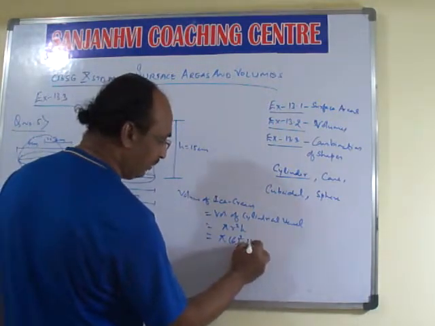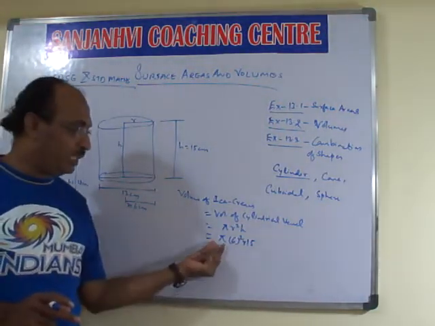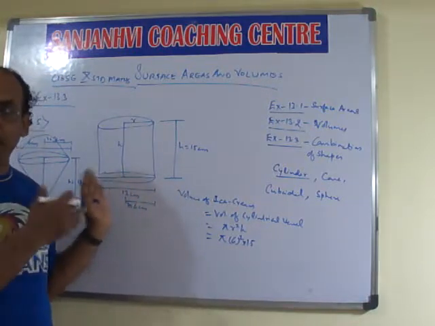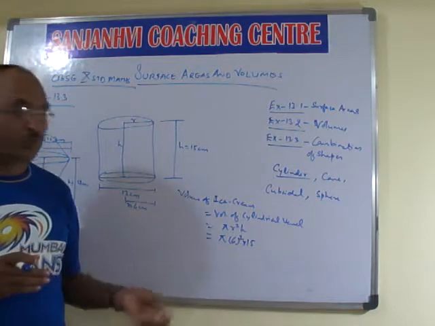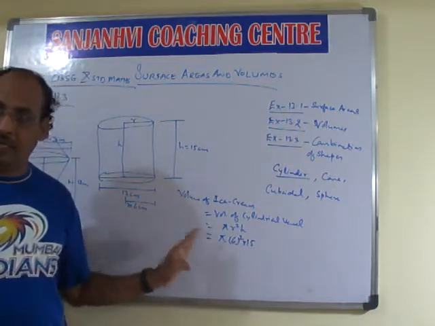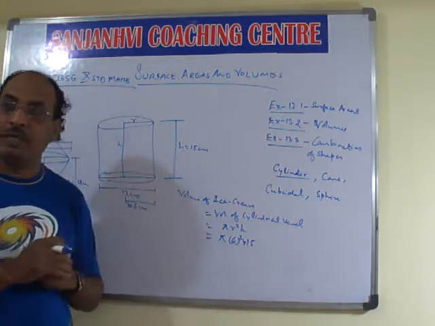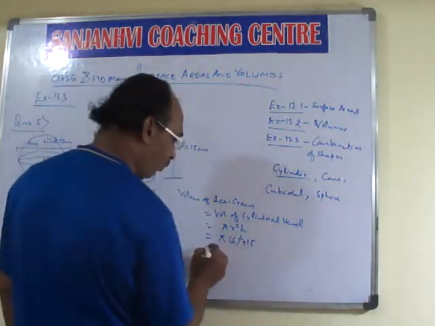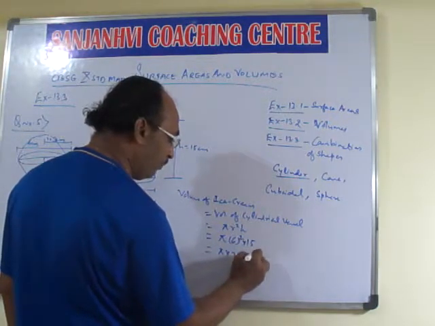15 centimeter. Do not disturb this pi now. Why? Because when we make an equation, pi will automatically get cancelled. So let the pi be here, and at the last we put the value of pi and get the result. Here we are getting pi into 36 into 15.